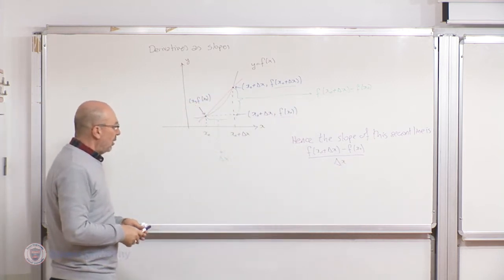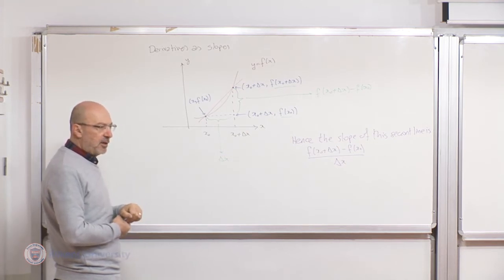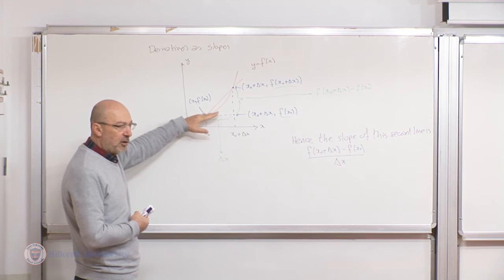Now we agree that if this quotient has a limit as delta x goes to 0, then that number will be assigned as the slope of the tangent to the curve at this point.